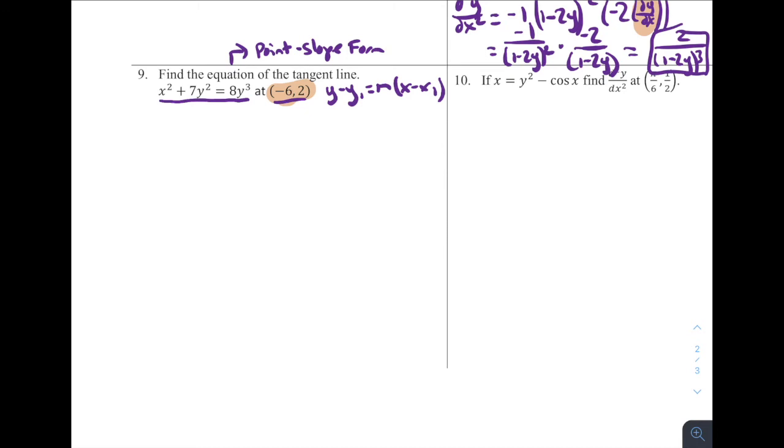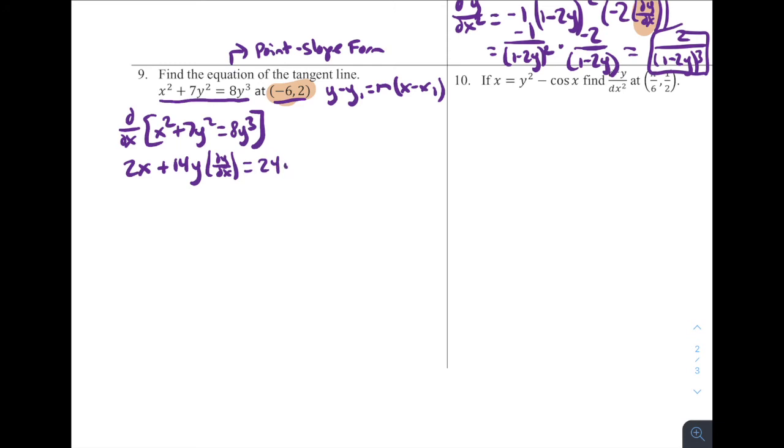So I'm going to take the derivative of our equation, because we know that the derivative is the slope of the tangent line. And the derivative of that x squared plus 7y squared equals 8y cubed is going to be 2x plus 14y dy dx equals 24y squared times dy dx. As usual, we want to collect all of the dy dx terms on the left and get rid of everything else and put them on the right.